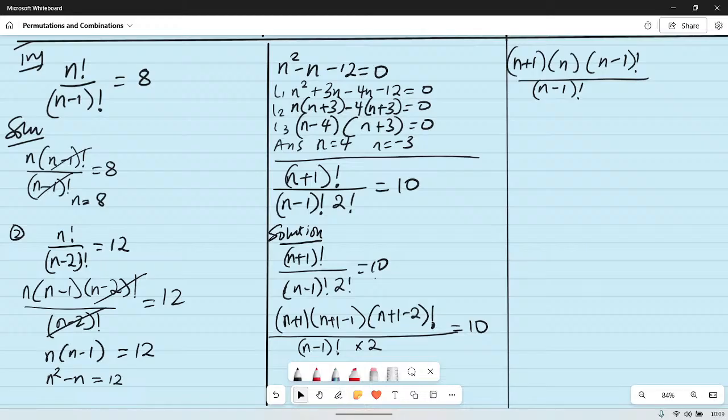Let's multiply 2 by 10 so that you get 20 over here. So this one is cancelled. n squared plus n minus 20.